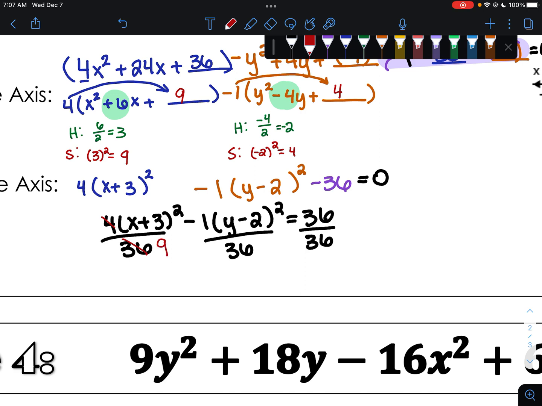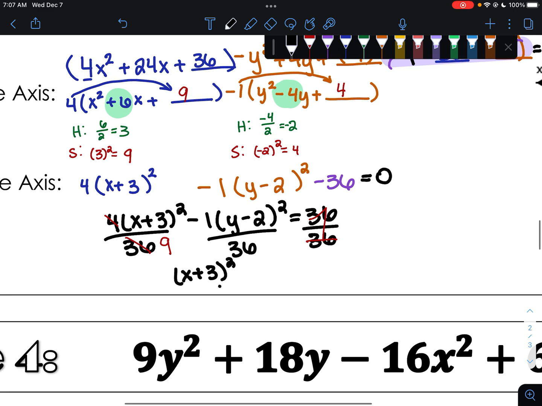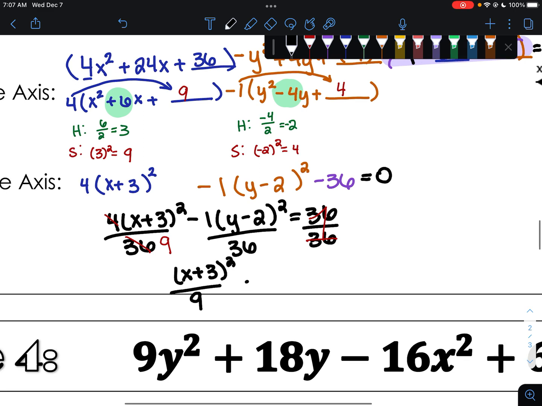That's going to stay 36, 1 over 36, and that's going to simplify to a 1. So our standard form is x plus 3 squared over 9 minus y minus 2 squared over 36 equals 1. That right there is our standard form equation.